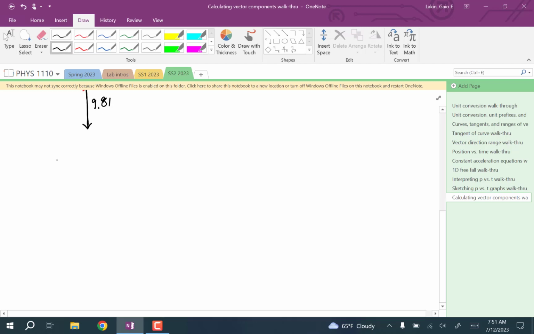So that all checks out. Now let's go to the second one. So our coordinate system is this. Pause the video and place the vector here.